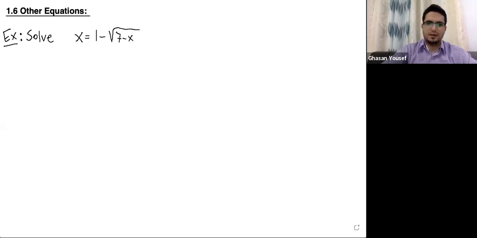Any idea for how we can solve something like this?